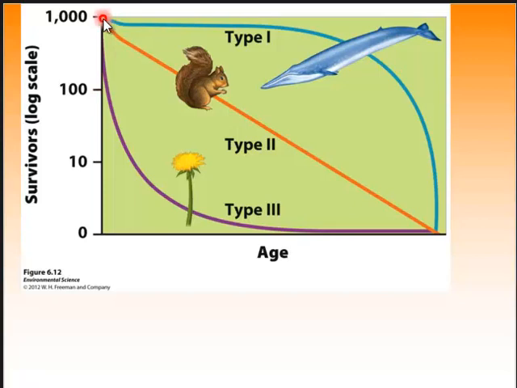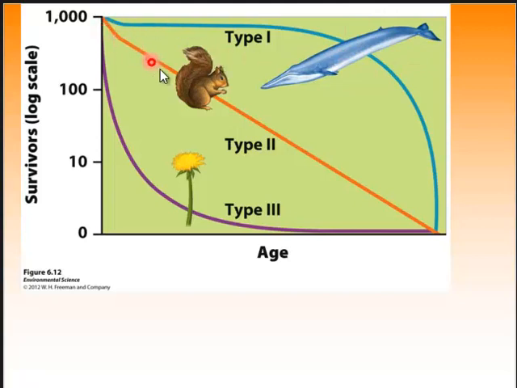So when the whales are born, most of them keep living. They live till they're 5 years old, 10 years old, 15 years old, 20 years old, and so on and so on. And then as they get older, that's when a whole lot of them start dying. That's a type 1 curve, and it's for mostly K-selected species.